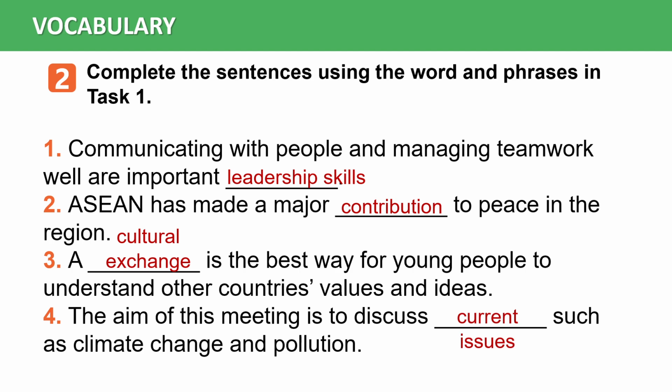And 4. The aim of this meeting is to discuss current issues such as climate change and pollution. Please correct your answer. Okay, let's move on to the next part.